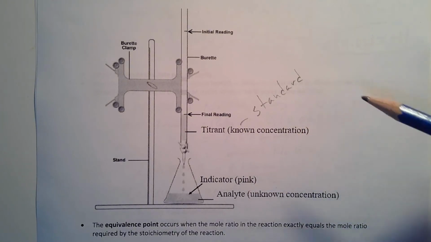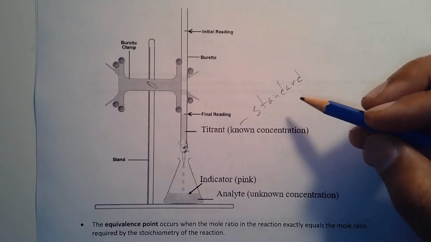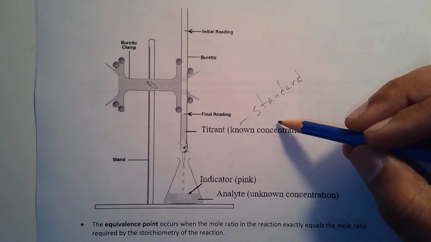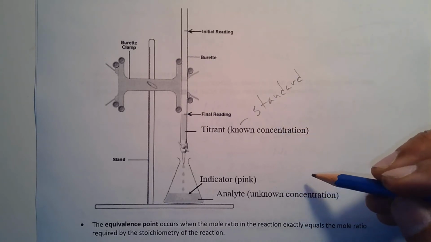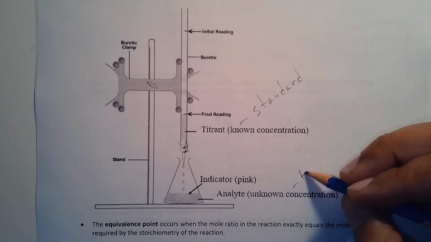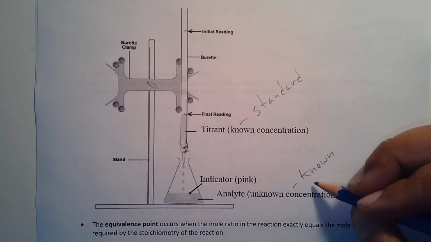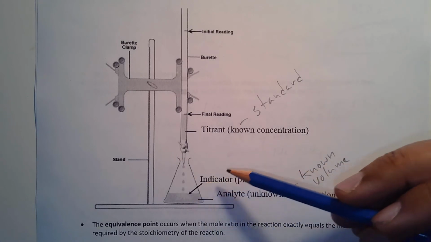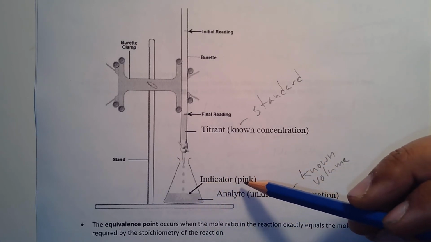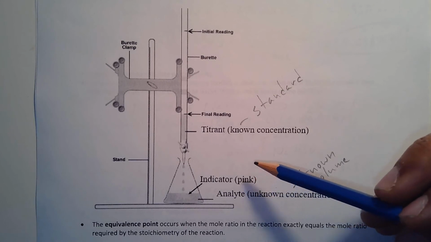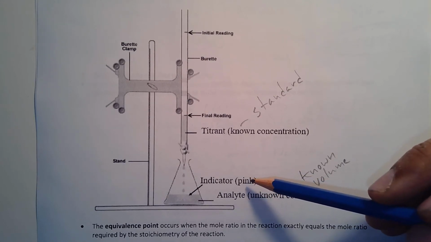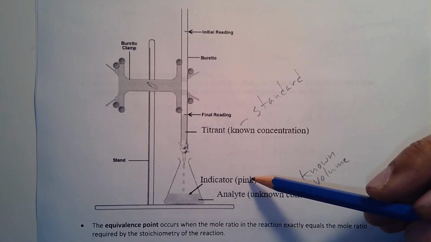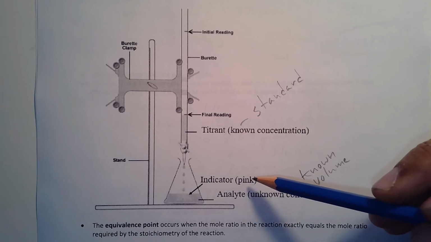So here, again, this is a standard that has known concentration. This one has unknown concentration, but it has a known volume. We know how much volume we put in there, and then we add in some drops of indicator, 2 or 3 drops. An indicator is a chemical that will change color at different pHs.